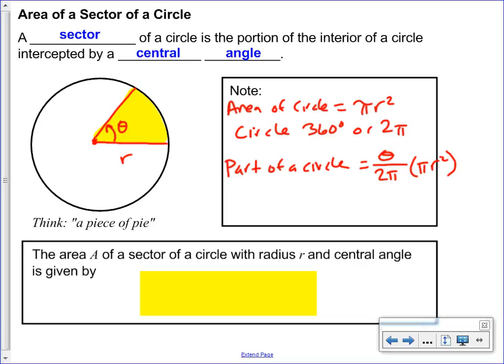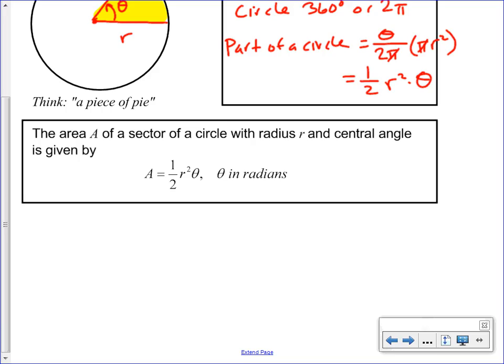And that would just cancel out the pi's. Mixing it around, this just becomes 1/2 r squared times theta. And that's how you find the area of a sector. You're just dividing out the circle based on what the degree of the angle is. So with theta in radians, the big equation for today is 1/2 r squared times theta.